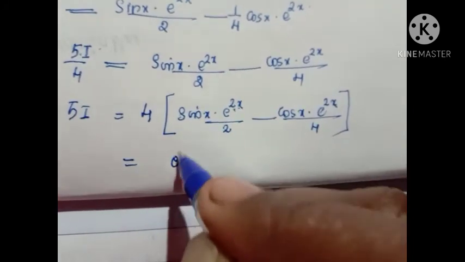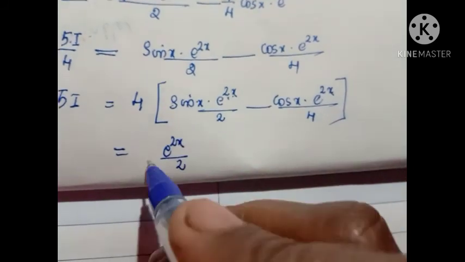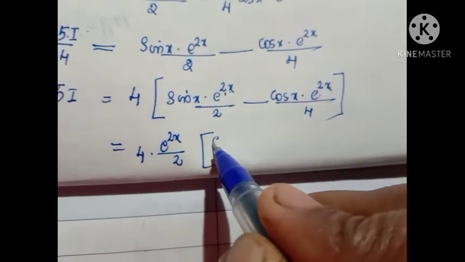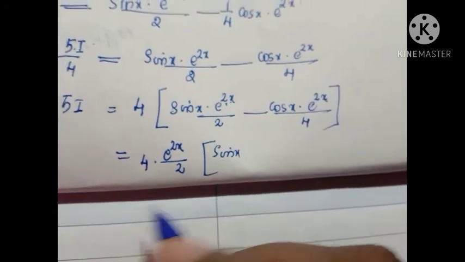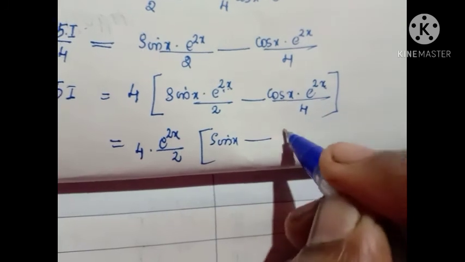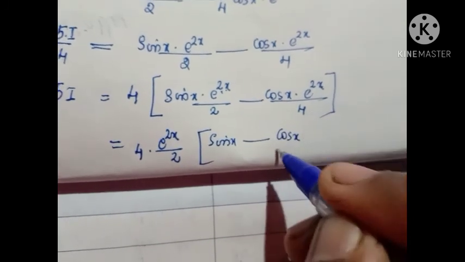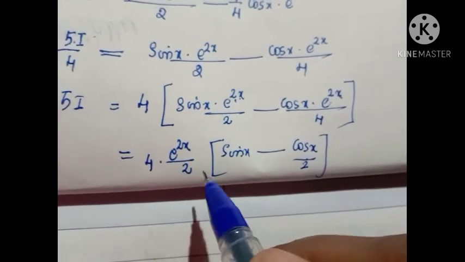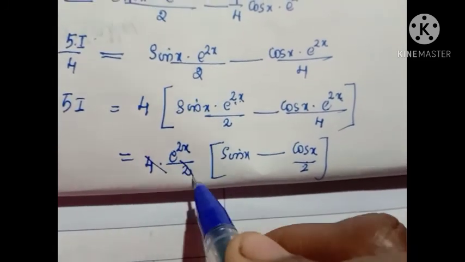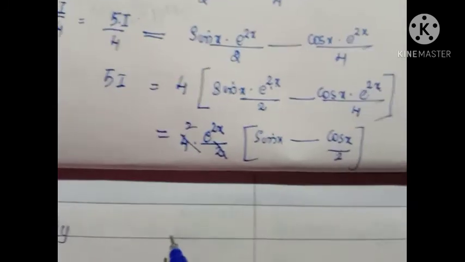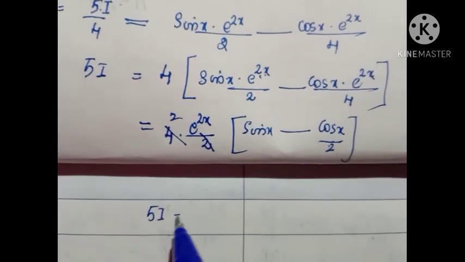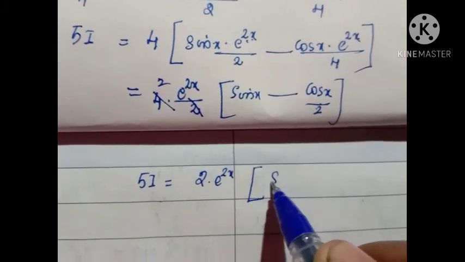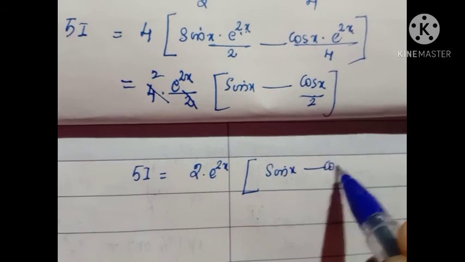So take e raised to 2x by 2 outside. So 4 into, remaining here it is sin x only, isn't it? Minus this is cos x by 2. Because e raised to 2x by 2, take it outside. So we can cancel this 4 and 2 times. So this is equal to 5I is equal to 2 e raised to 2x into sin x minus cos x by 2.